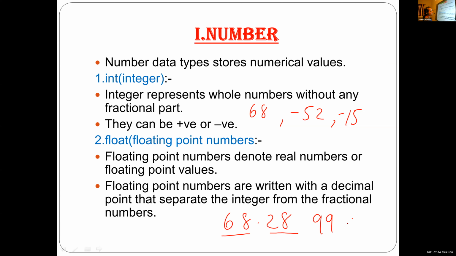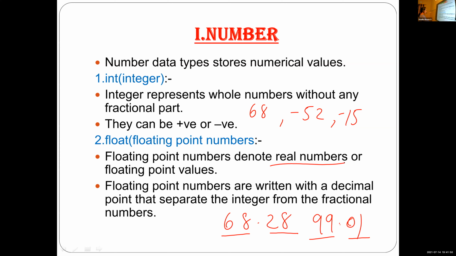Okay, 99.01 is an example because here we use a decimal point to separate the integer part and the fractional part. Another name for floating point values is real numbers. Is it clear?